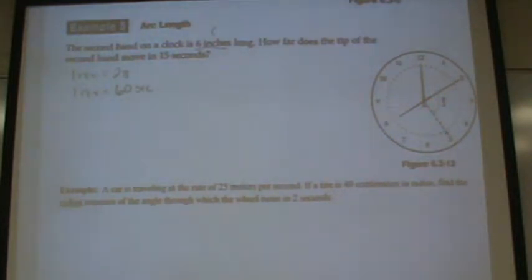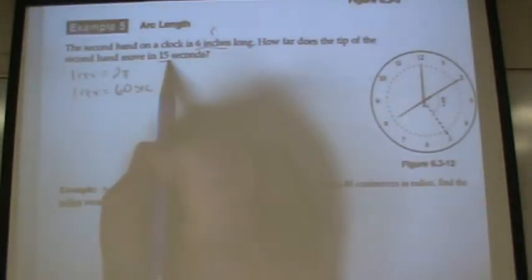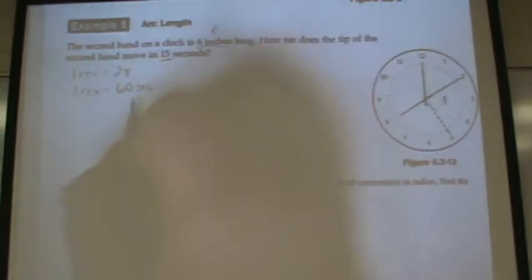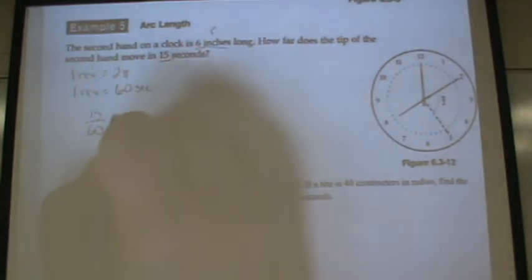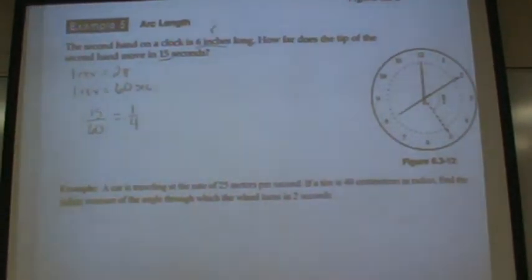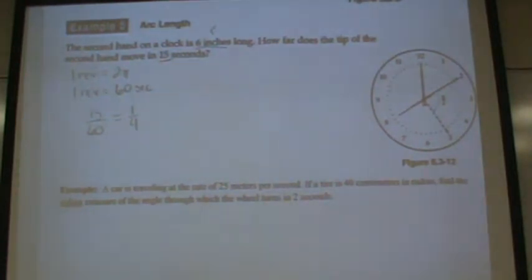Because when the second hand makes a full rotation, it's been 60 seconds. So we need to find 15 seconds. We've gone around 15 seconds out of the 60 seconds. So that's 1/4. We've gone 1/4 of the circle.